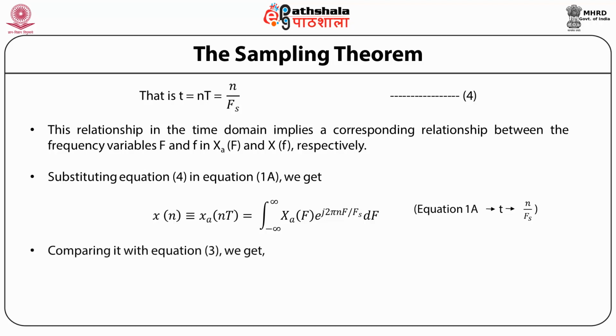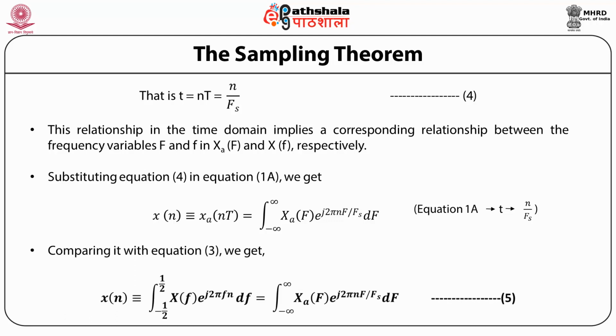Comparing this with equation 3, we get x(n) equal to integral minus half to half X(f) exponential j 2 pi f n df equal to integral minus infinity to infinity X_a(F) exponential j 2 pi n F by Fs dF.